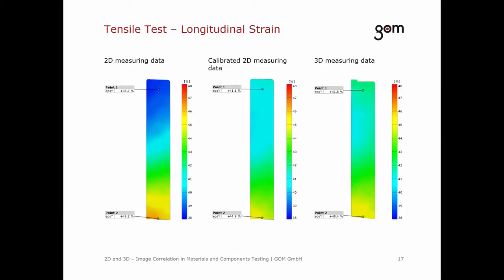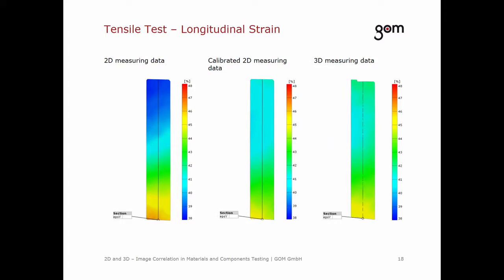Here you see the evaluated 3D test, which was recorded with an RMS system. The 3D test serves as a reference. Here you see a longitudinal strain of +41%. That means you have still an offset between the calibrated 2D measuring data and the 3D measuring data.